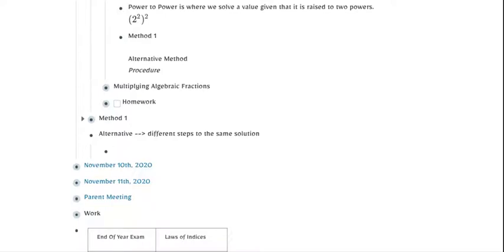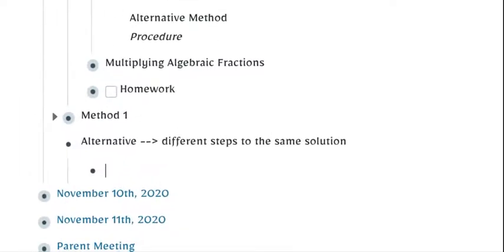In this alternative step, when we had 5x, and we said that is multiplying another 5x, here's the difference.